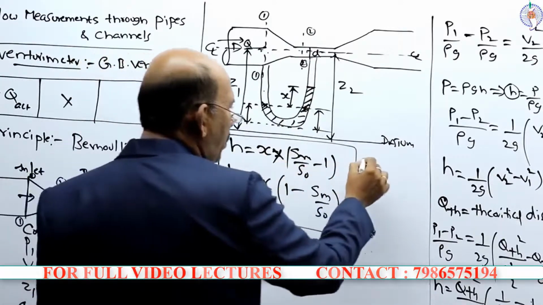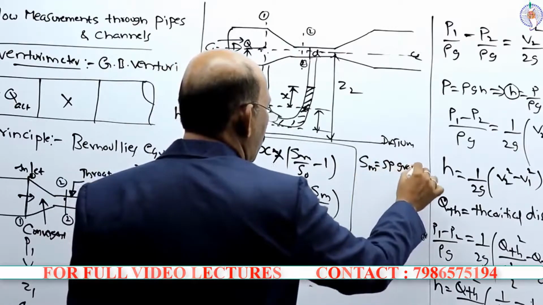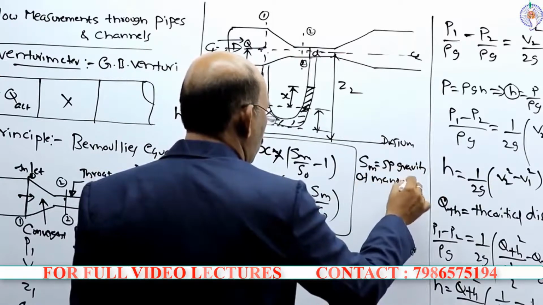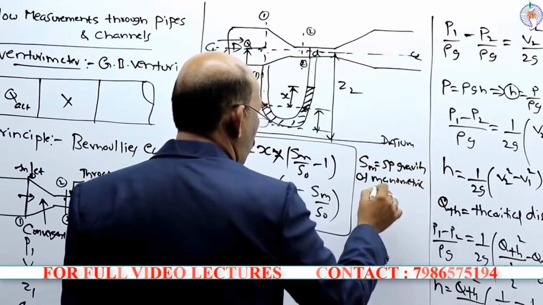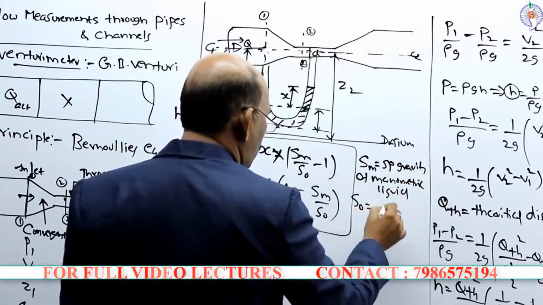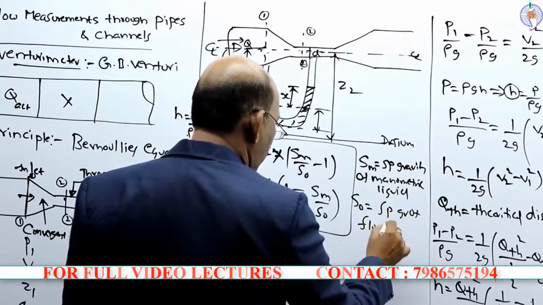Here Sm is equal to the specific gravity of the manometric liquid and S naught is equal to the specific gravity of the flowing liquid.